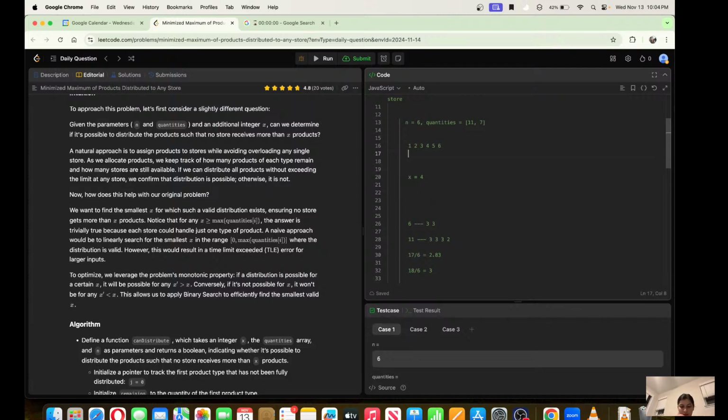Then is it possible to distribute the products such that no store receives more than 4 products? Yeah, it should be possible.